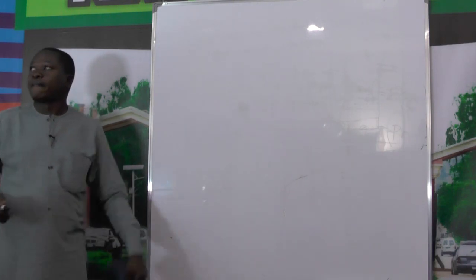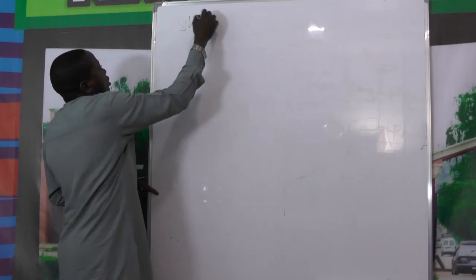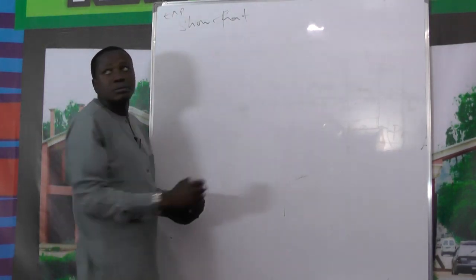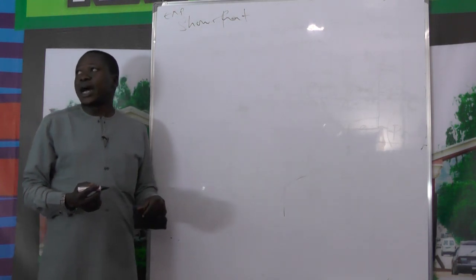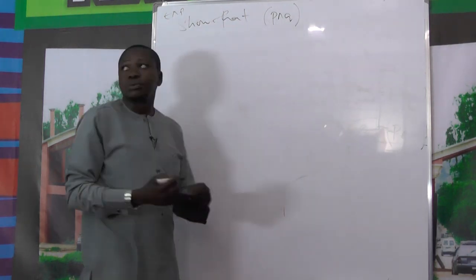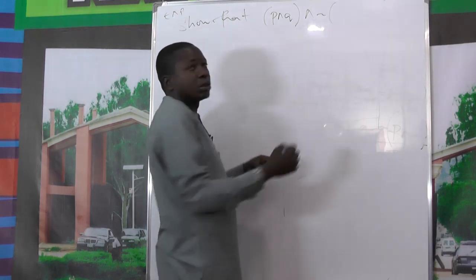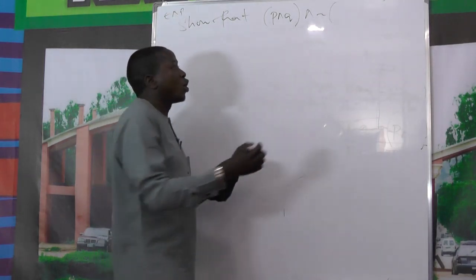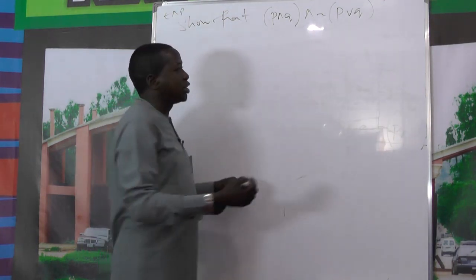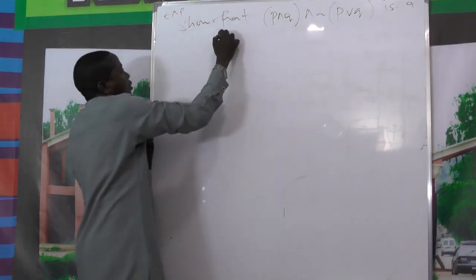So now, example: show that P and Q and negation of P or Q is a contradiction.